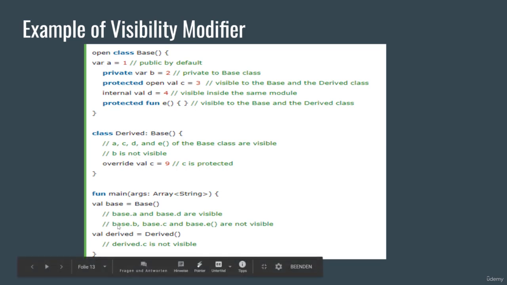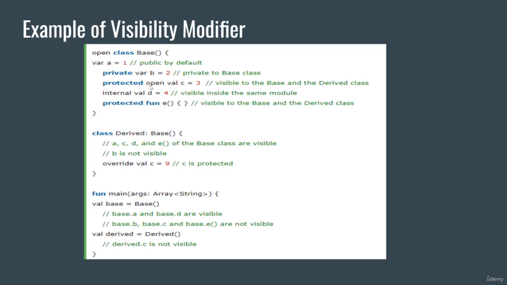And then we have base B, C, and E, which are all not visible because they are protected, so they are only visible in the same class or in a deriving class. All right, so B is a private one, so it's not going to be visible anywhere else, right? Except, of course, for the base class. Then we have the value C, which is protected, so it's not visible outside of classes that are deriving and the class itself. And then we have the same for E for our function.